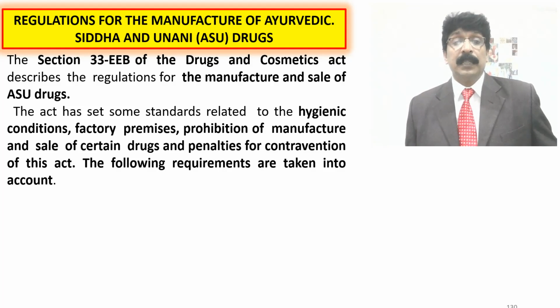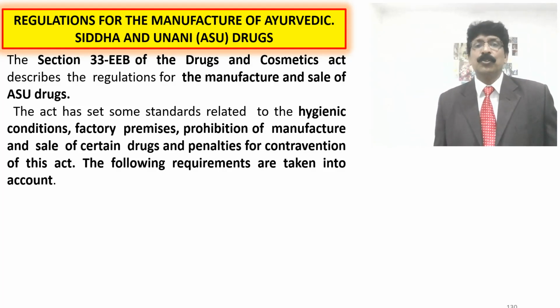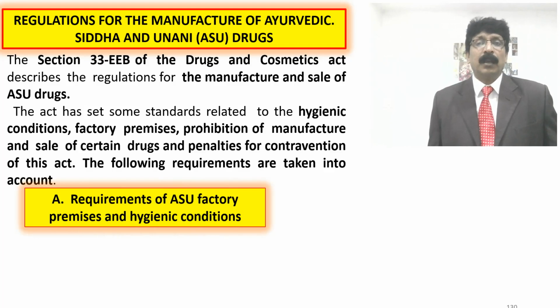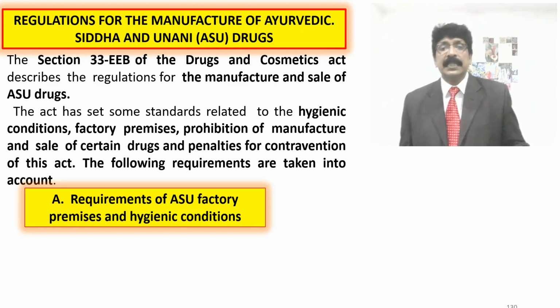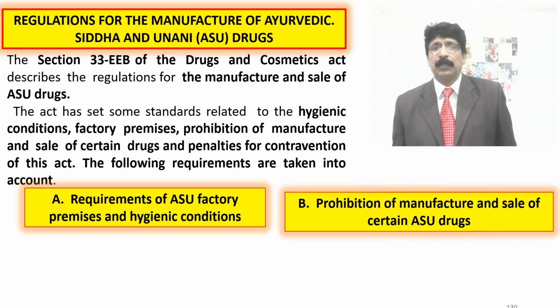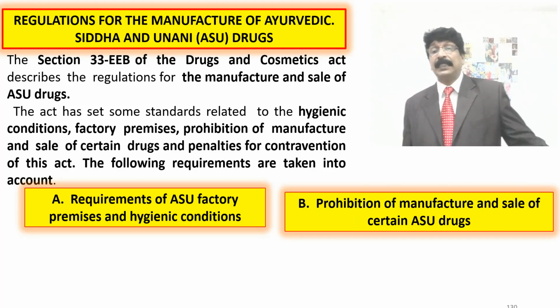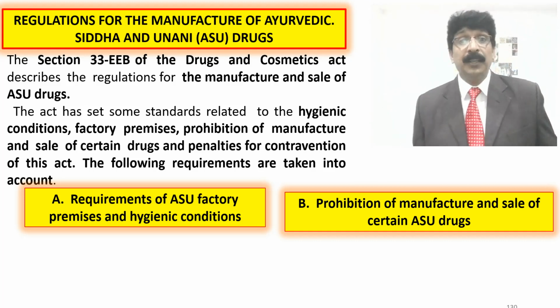The following requirements are taken into account for this explanation. A: Requirements of Ayurveda, Siddha, Unani factory premises and hygienic conditions. We are going to discuss that. B: Prohibition of manufacturing and sales of certain Ayurveda, Siddha, Unani drugs.